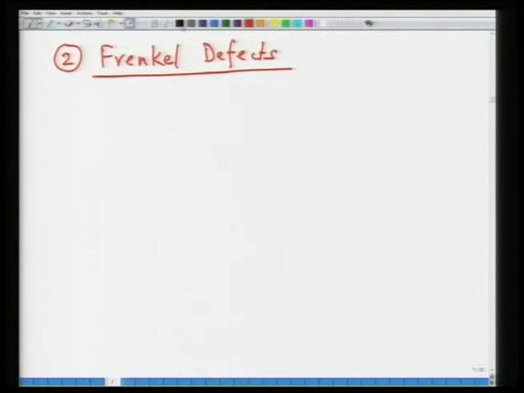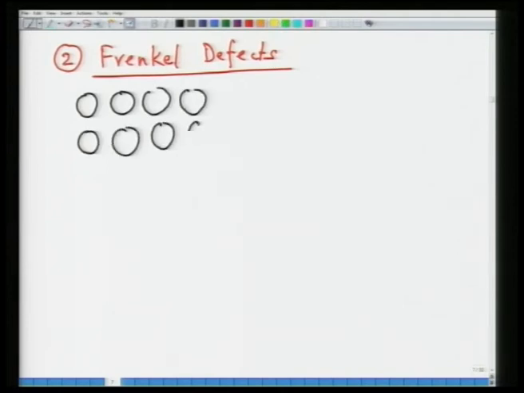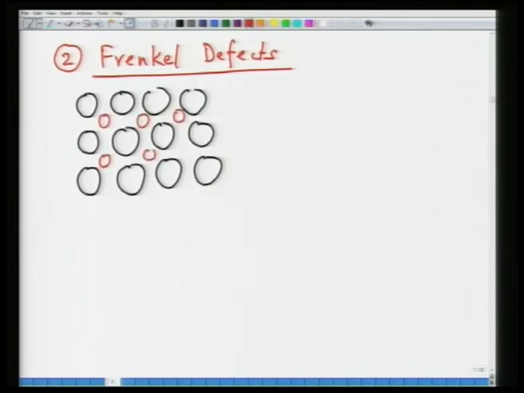So, what happens is, again I will draw the structure. This would be present in the solids where you have empty interstitial sites.